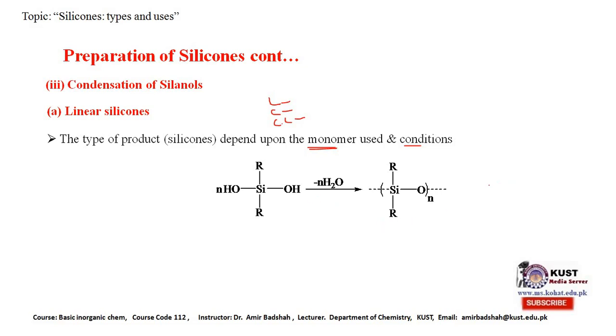The linear silicone is that one in which they are arranged in the form of chains. Similarly again silicon and then again oxygen and so on. So they are arranged in the form of chains. Due to this arrangement in chains, such structures are called linear silicones.